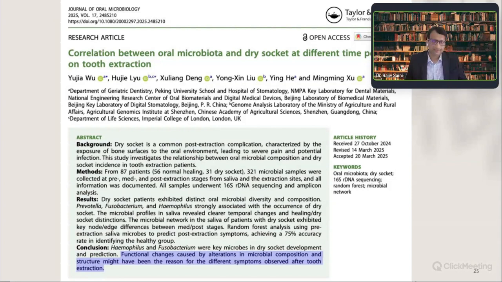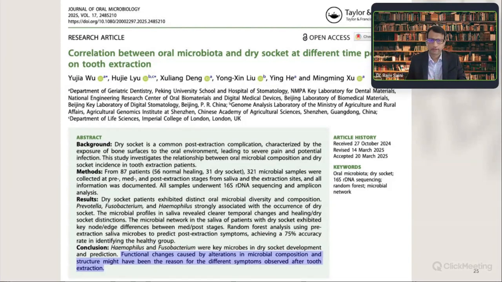Now, there's another study, recently published in 2025, and it correlates that there are functional changes in the oral microbiota when tooth extraction happens.